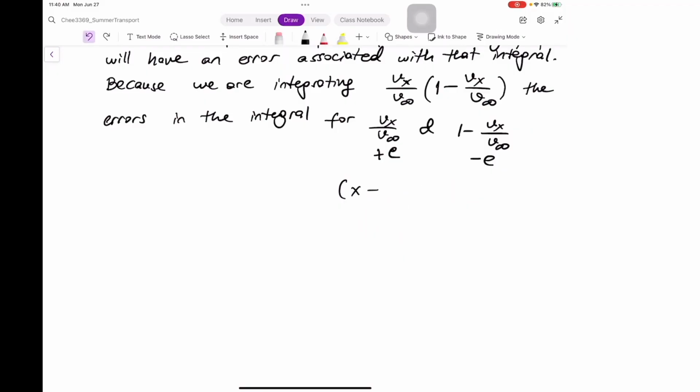That's what I mean. So the errors in the integral will partly cancel out, right? Partly cancel out.